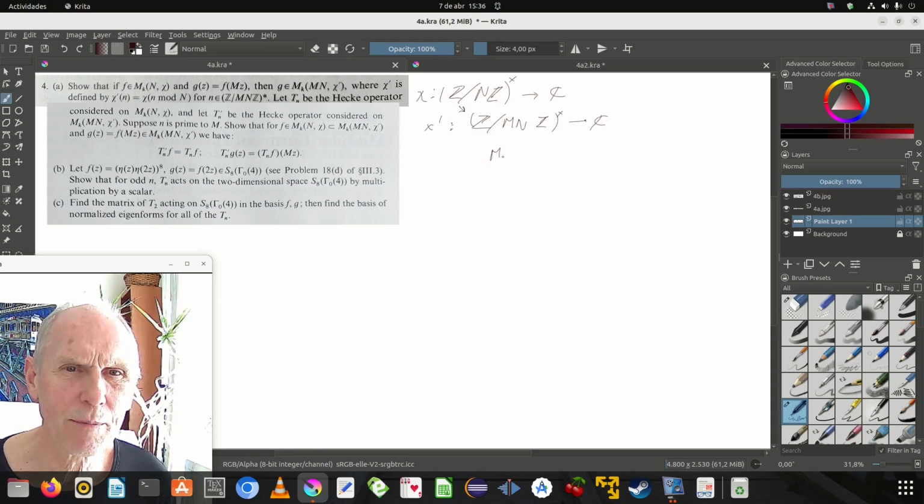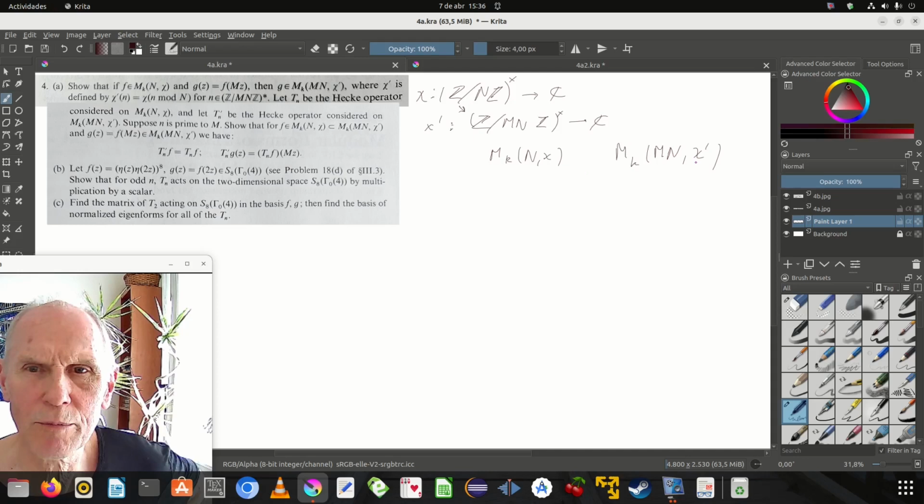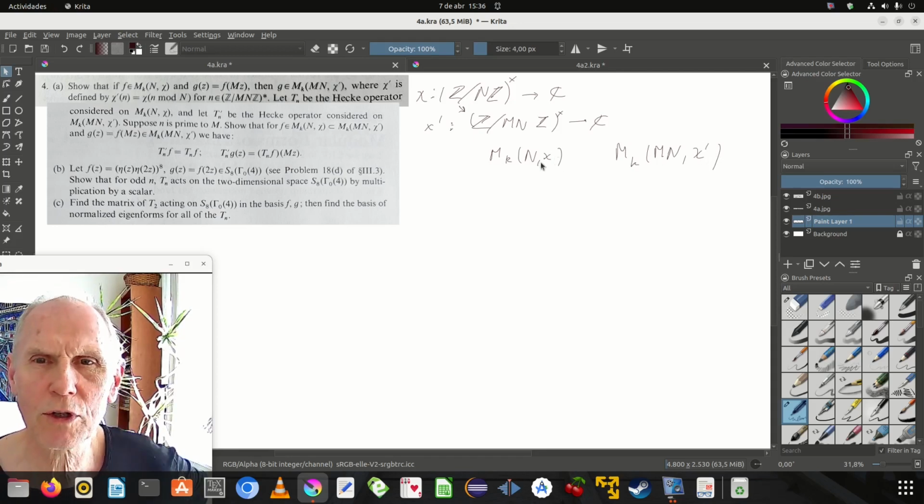We have Mk of n chi and Mk of mn chi, and they are essentially the same, or rather this one is reducible because it comes from this by extension.